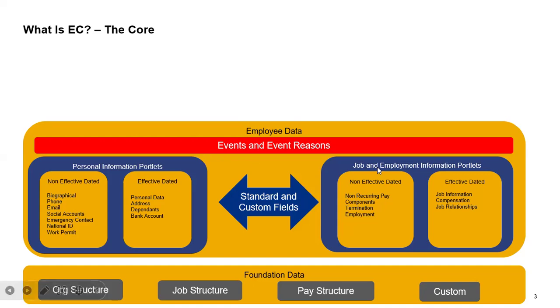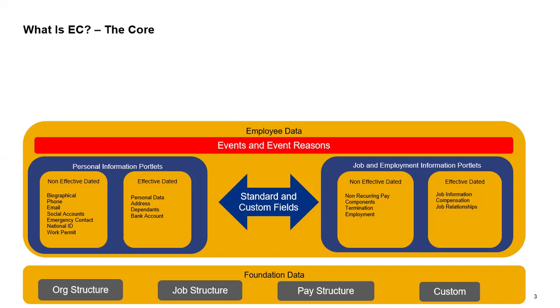Now in the job information, we have non-recurring pay, which I'll explain later, point by point. As of now, from the overview perspective, it has the non-recurring pay components, the termination and the employment. When a person comes into the company, his employment information, like his hire date, or date of joining, and his employee ID, we will record into the employment information.